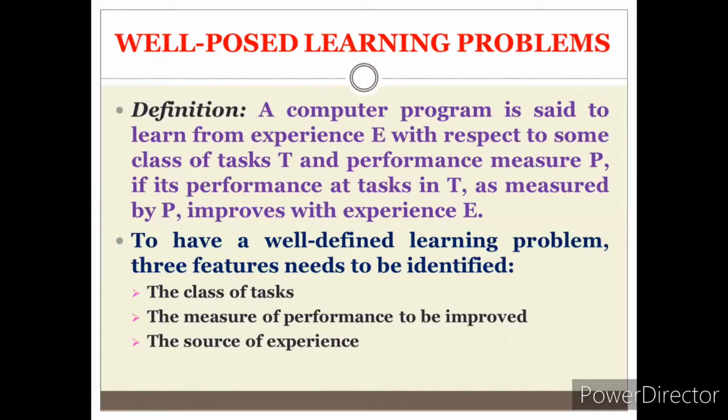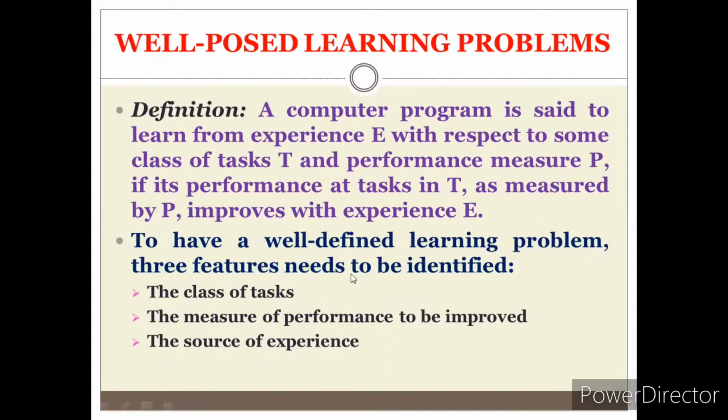In the same way, here also three parameters are defined: the task, the performance, and the experience. What kind of task is present, and how is the performance improved for that particular task when it is repeatedly executed? And due to this, what is the level of experience it is getting? These are the important things we have.